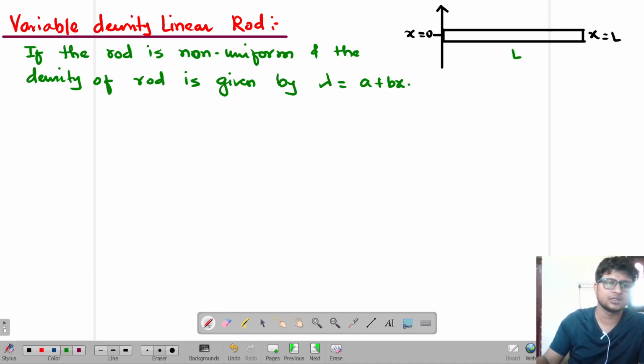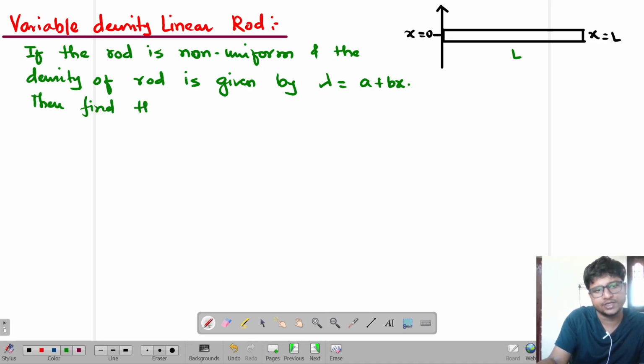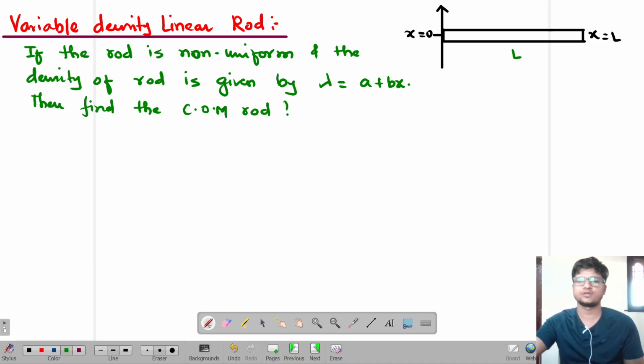Got it? Then find the center of mass of the rod. Do it fast.